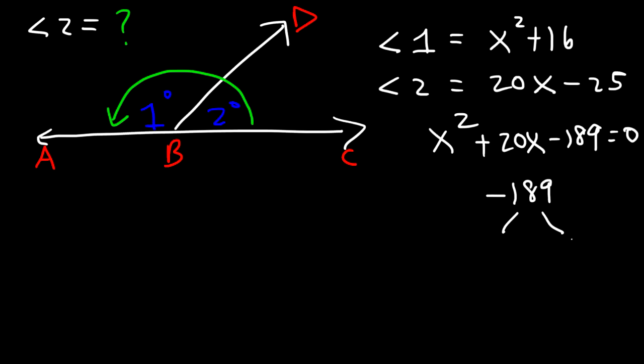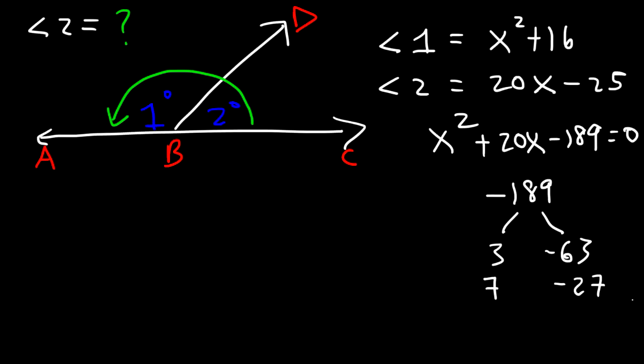It turns out that 189 is not divisible by 2, but it is divisible by 3. If you type in your calculator 189 divided by 3, you're going to get 63. Now 63 is 7 times 9, which means 189 is divisible by 7. If you divide 189 by 7, you're going to get 27.